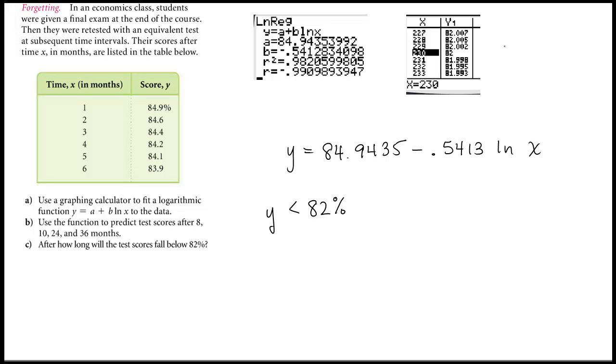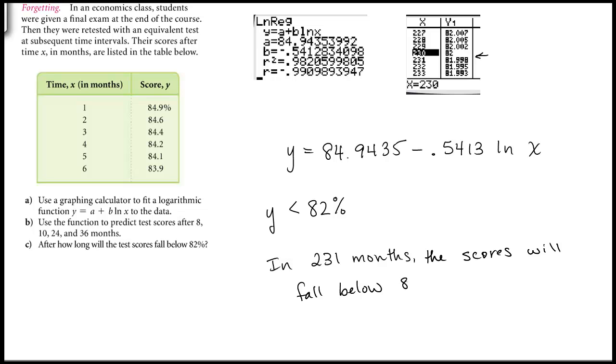We would notice that in 230 months, the percentage is equal to 82%. So that means in 231 months, these scores will fall below 82%.